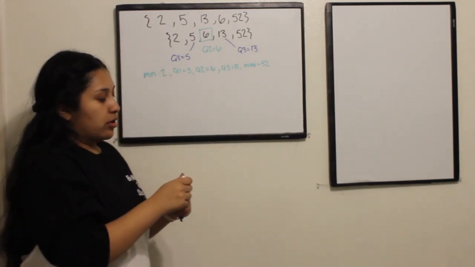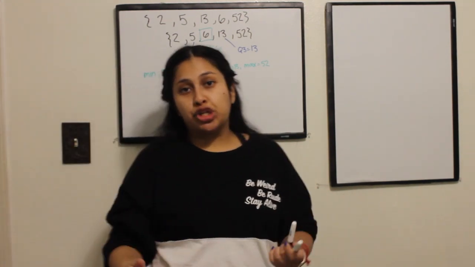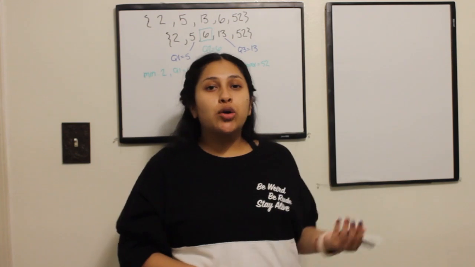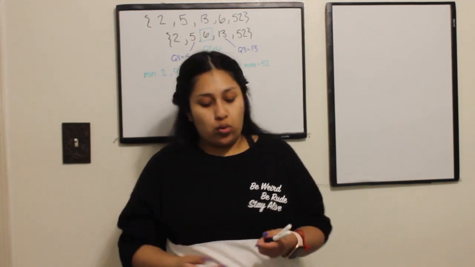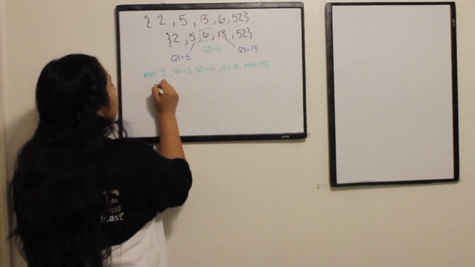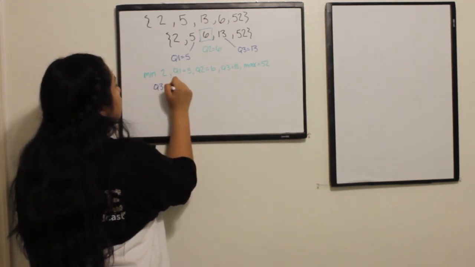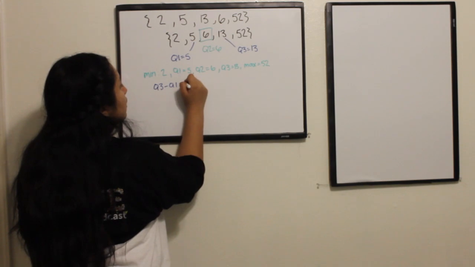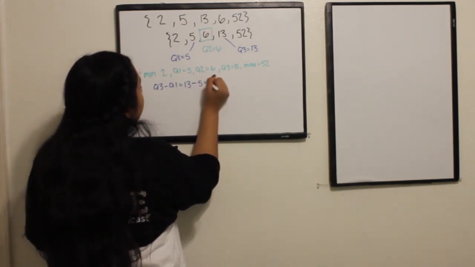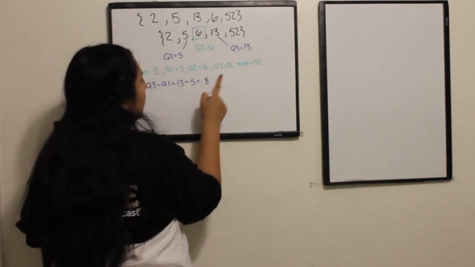So now we're going to go ahead and find our interquartile range. To begin, we're going to subtract our quartile 1 from our quartile 3. We can see our quartile 3 is 13. I'm going to write quartile 3 minus quartile 1. And that's 13 minus 5, which is 8.